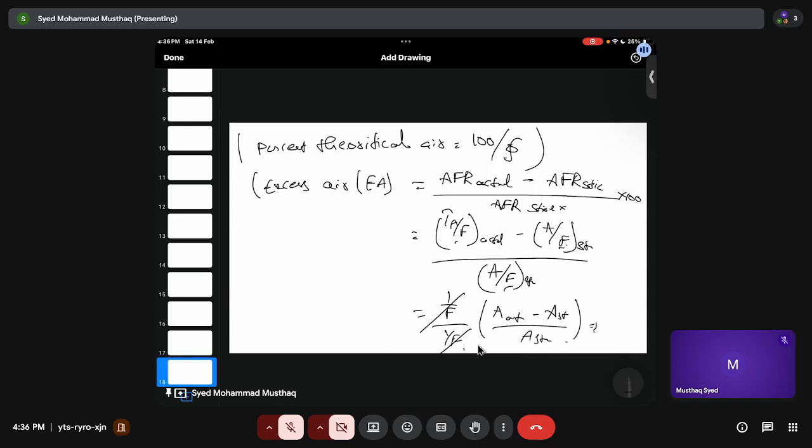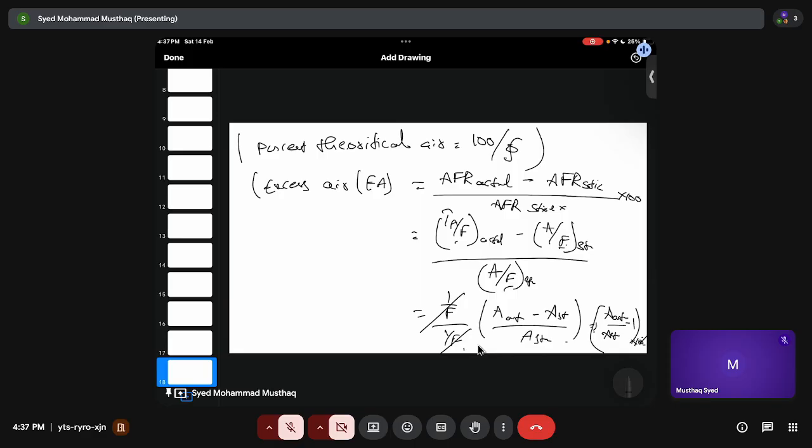It will give me A actual divided by A stoichiometric minus 1, into 100. So that will give me the percent excess air. That is what we do, right? The percentage of excess air, not just the excess air. Now if you want just the excess air, you just remove this 100.